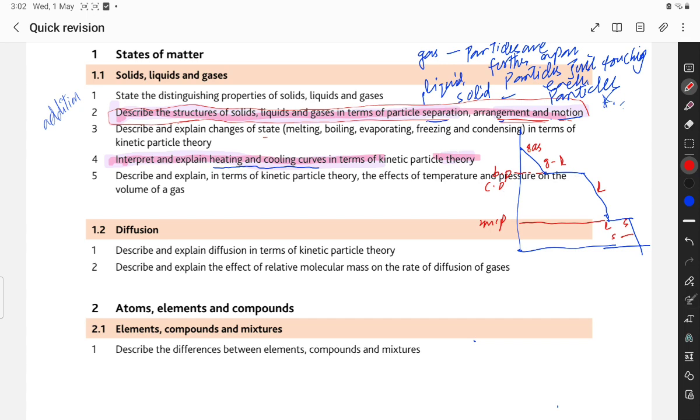When particles lose kinetic energy, ultimately particle movement ceases and they come close together and slide over one another. Gradually the liquid loses kinetic energy, particles come closer to each other and slide over each other, and ultimately when the liquid changes into solid state, there is negligible energy, and particles start vibrating on their fixed points.